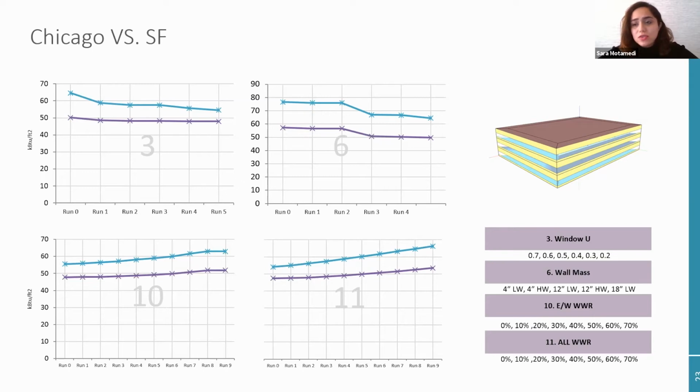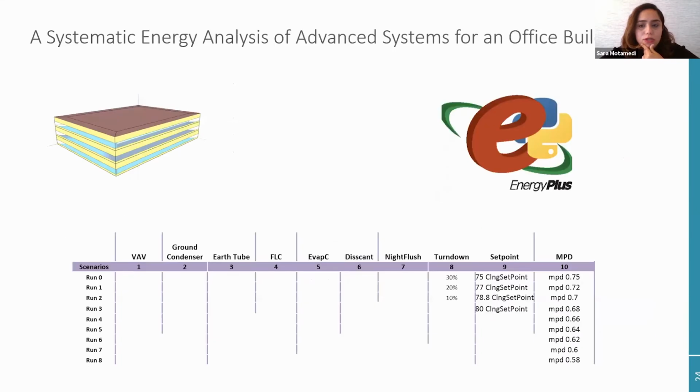As we increase the window to wall ratio, both of them increase, but in San Francisco, maybe it's just 2 or 3 points of EUI, but when it comes to Chicago, it's like 5 points. So you can understand how impactful the envelope options can be. I don't think I have much more to say here.